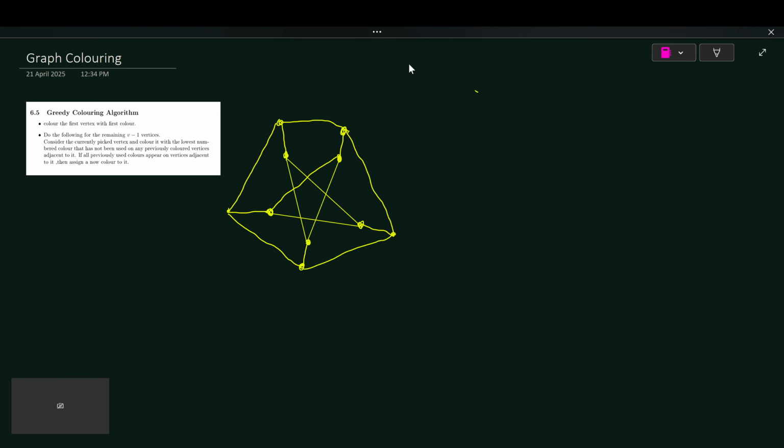So we just try to color this particular graph using our greedy coloring algorithm. We start from some arbitrary vertex, and the colors are named as c1, c2, etc. So let it be here.